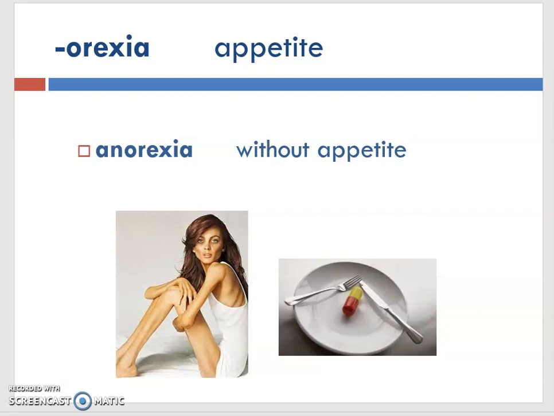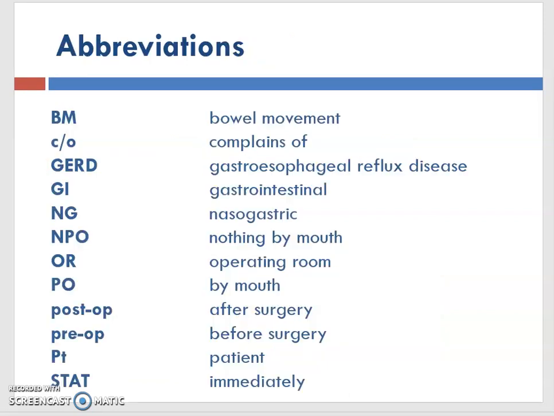The only reason I point this out is I want you to understand that there are two ways we use this word. We do use it to describe the disease state that's illustrated by the photograph of the young lady here, but technically it means without appetite. So if you see it in a patient's chart, do not become alarmed. If someone reports you as being anorexic, it's probably because you declined a meal, not that you have a disease state. So I just want to be clear on that one.